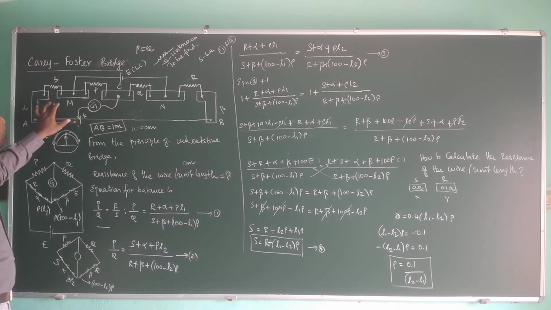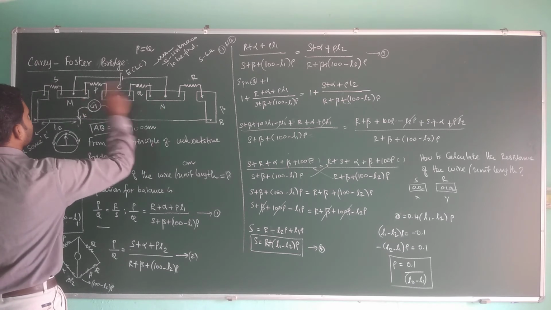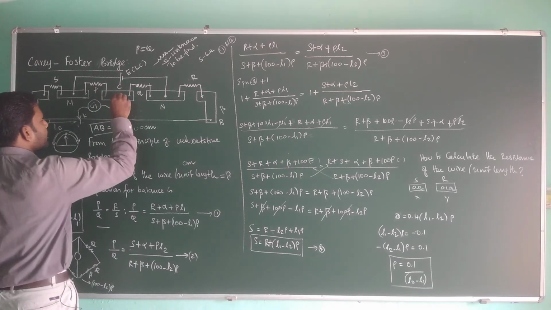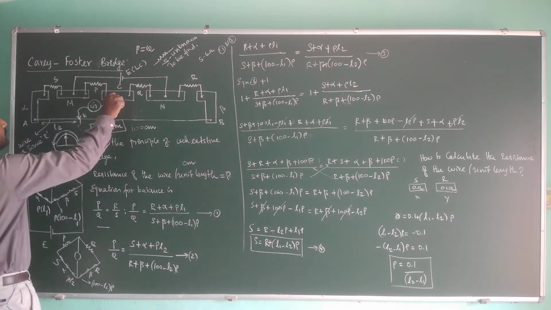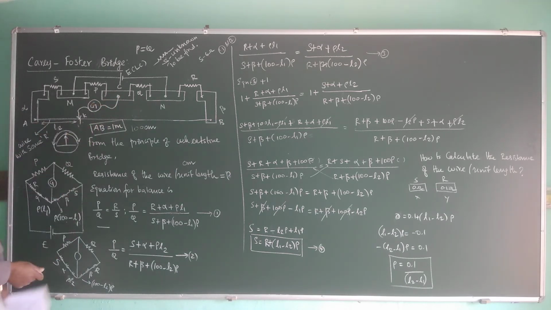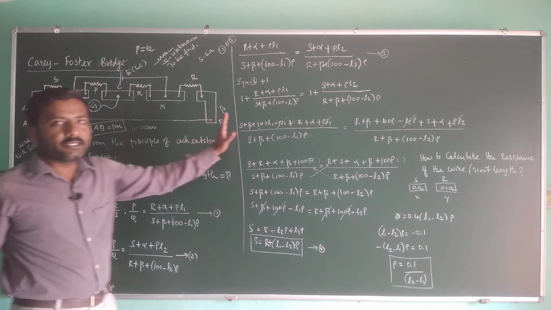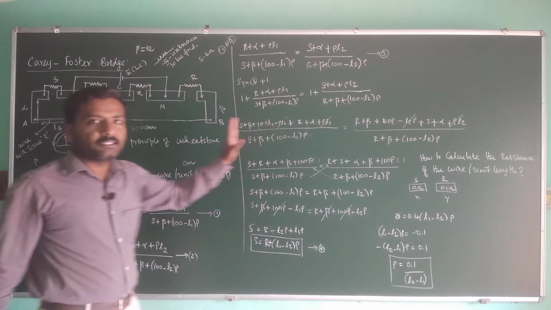Then in the middle 2 dots we are connecting a Leclanché cell. In the center connecting point we are connecting a galvanometer, and the other end is connected to a sliding jockey, which is used to move along this AB wire in order to create balance in the bridge.